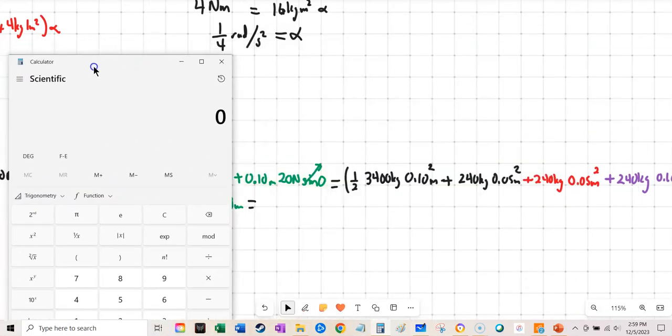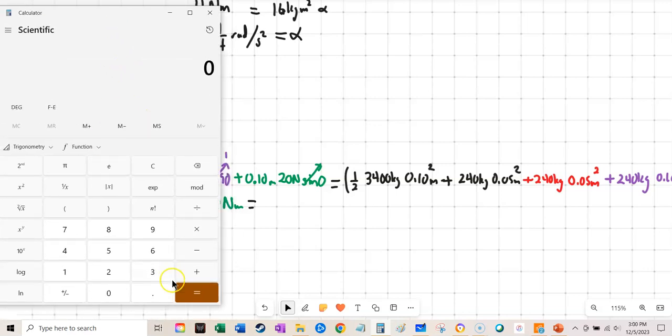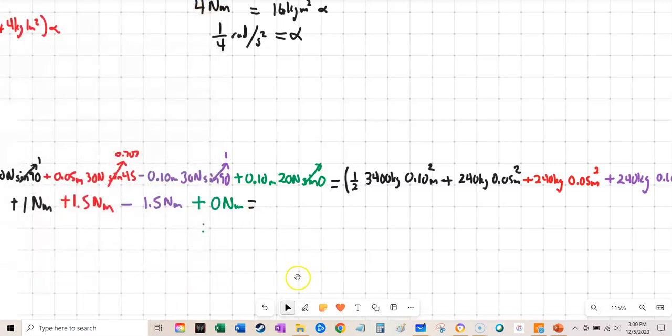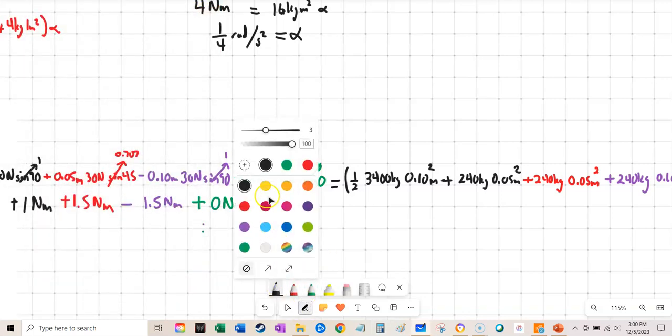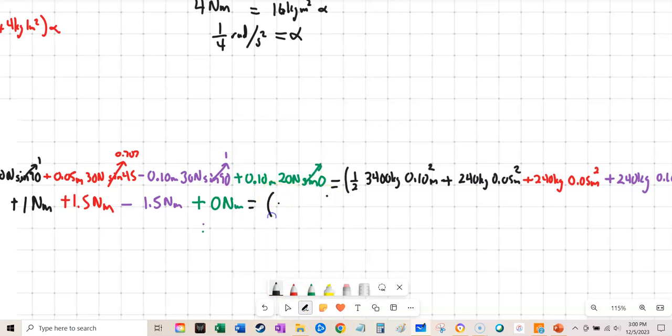Let's look at our moments of inertia. This moment of inertia right here is going to be 0.1 squared times 3,400 times 0.5 equals, so 17. So the disk has a moment of inertia of 17 kilogram meters squared.